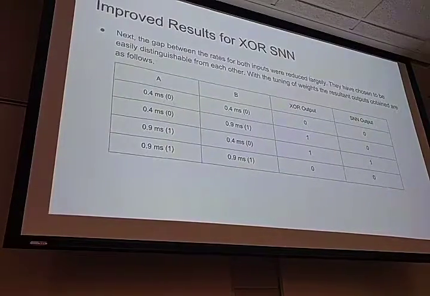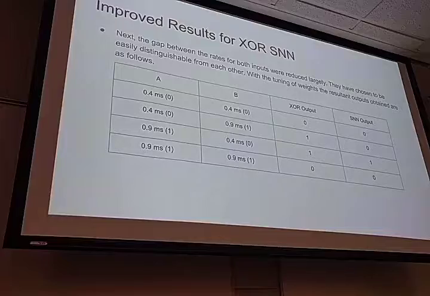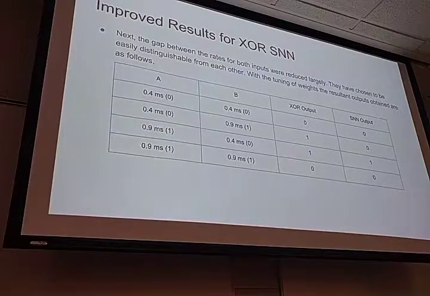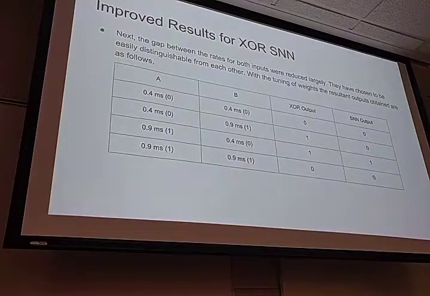So we reduced the gap between those two to 0.4 milliseconds and 0.9 milliseconds, and this gave much better results, except for, of course, the second input, where the first input would be 0 and the second input would be 1. We also manually tuned the network weight parameters, but still we were not able to get correct outputs for all 4 scenarios.